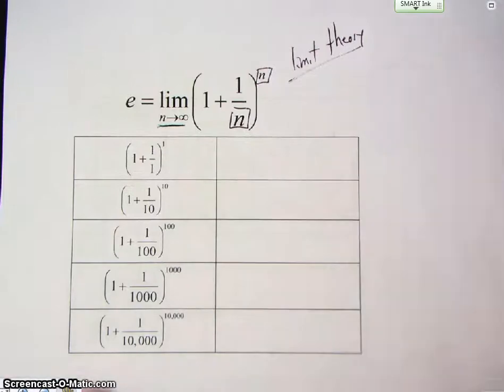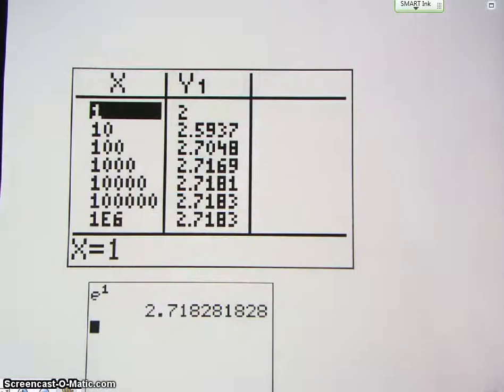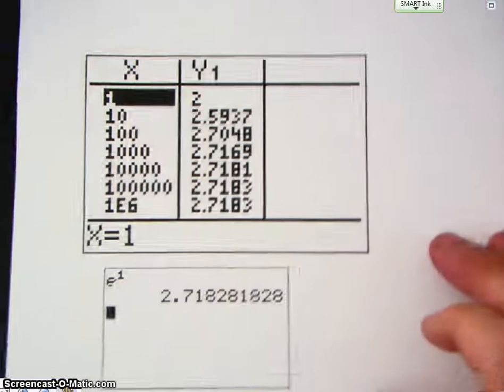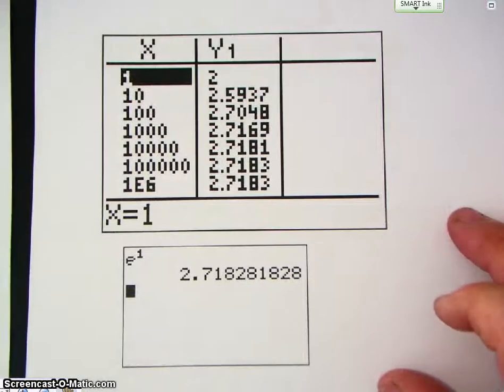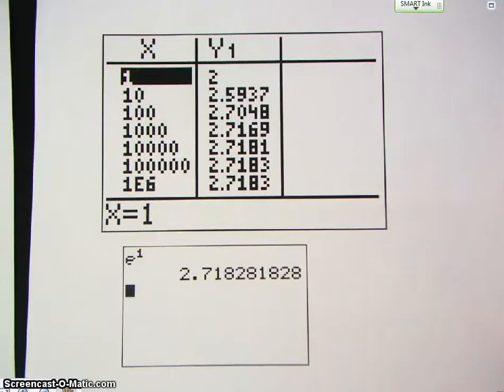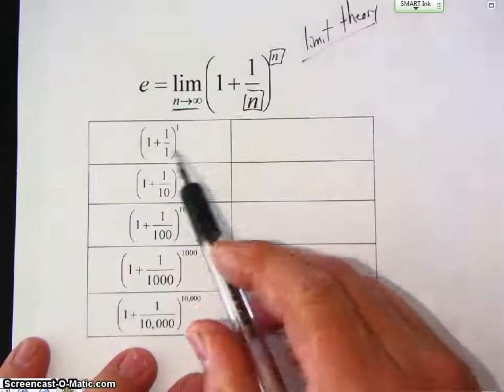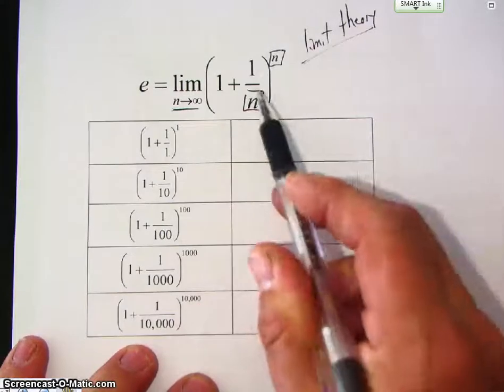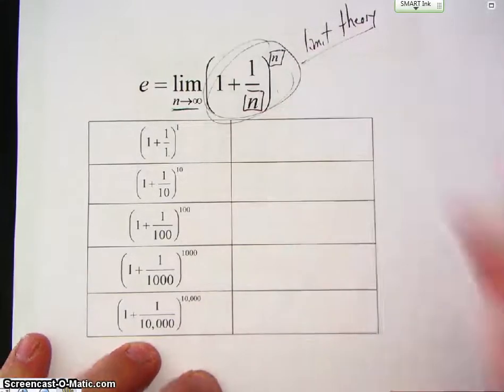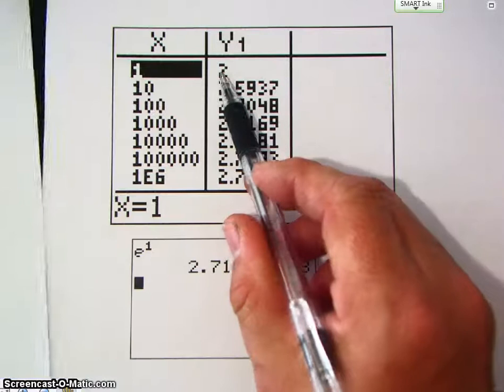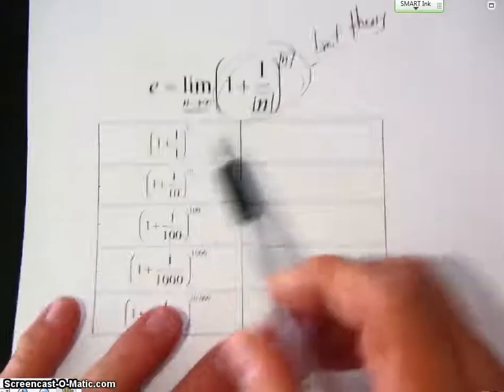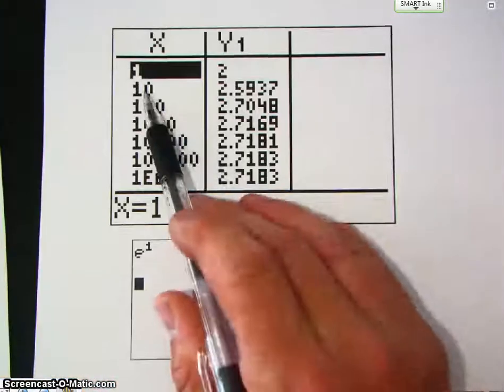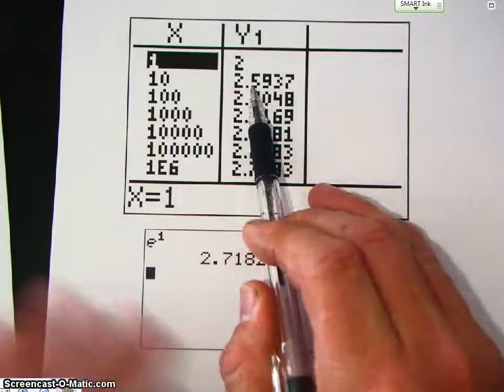As you plug these numbers in, here's a table, which I did on the calculator and printed out. The first one, when I plug in 1 into this equation, I get 2. When I plugged in 10, I get 2.5937.